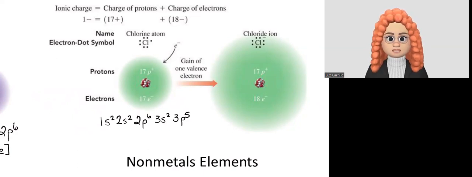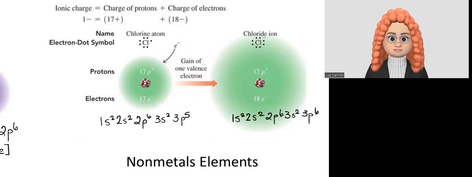Now the chloride ion has 18 electrons overall. Those 18 electrons have the electron configuration 1s2, 2s2, 2p6, 3s2, 3p6. Now, when we look at the periodic table, the element that is unreactive and shares that electron configuration is argon.